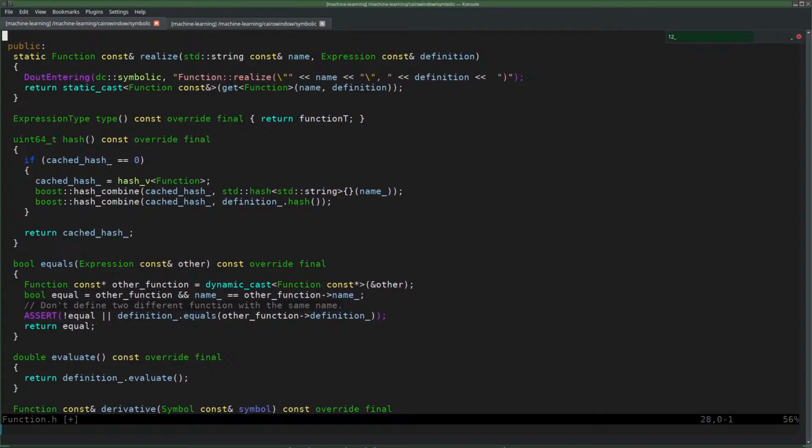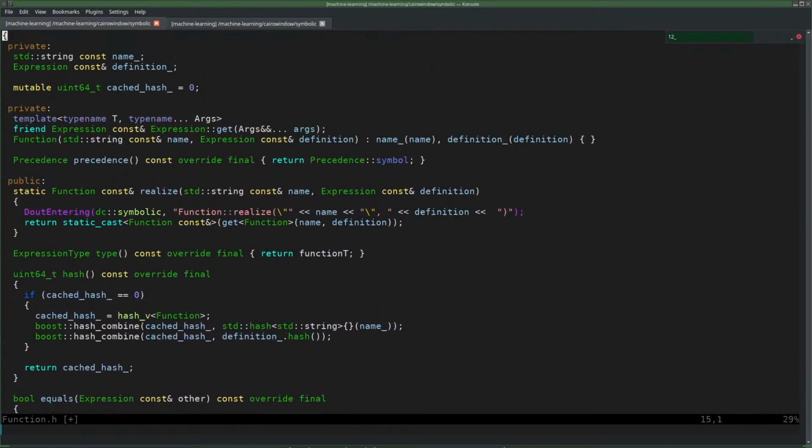Right, so let's sort these things by guest hash.